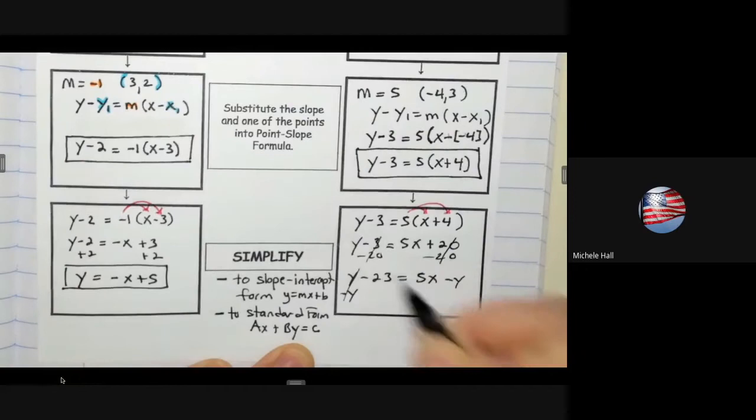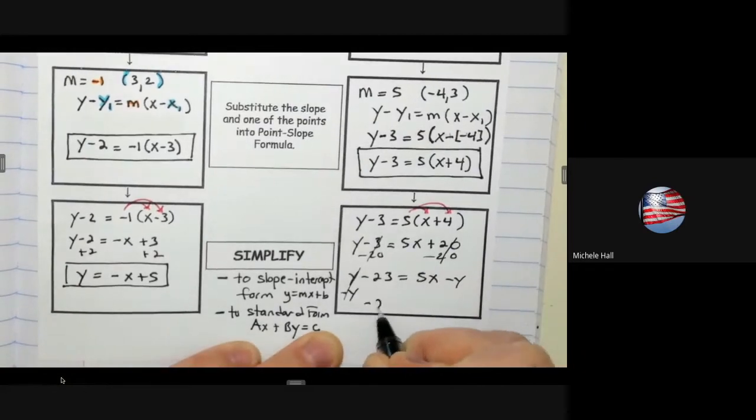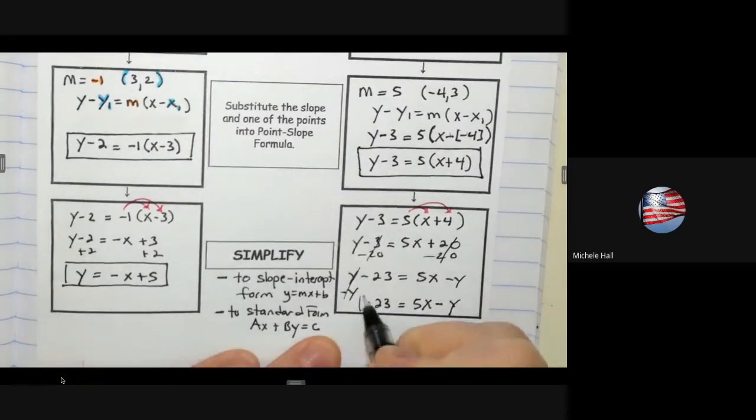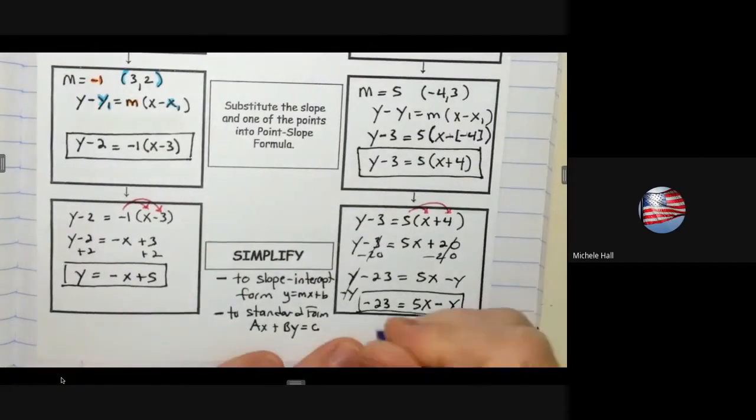And so we have negative 23 equals 5x minus y. It doesn't matter that the y is negative. We just want to make sure that our a value here is going to be positive and not a fraction. So we have standard form.